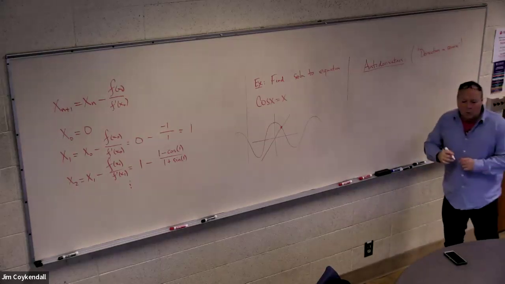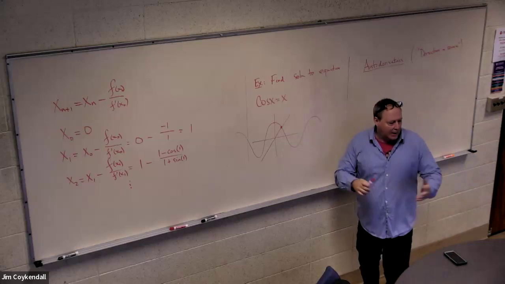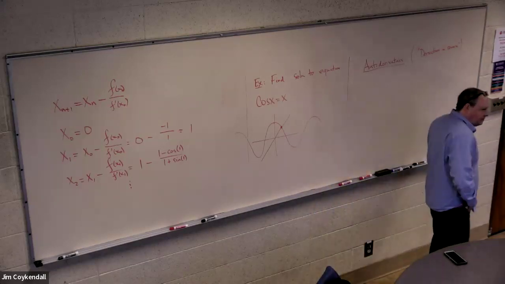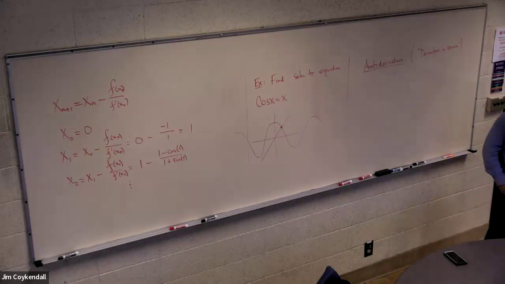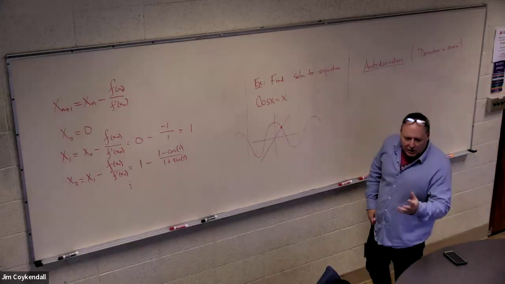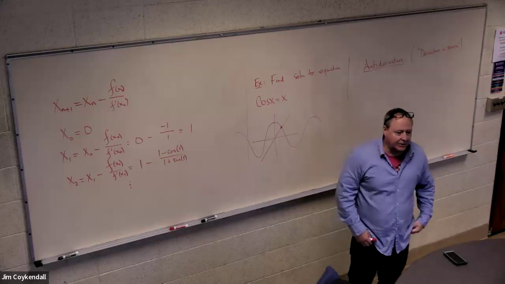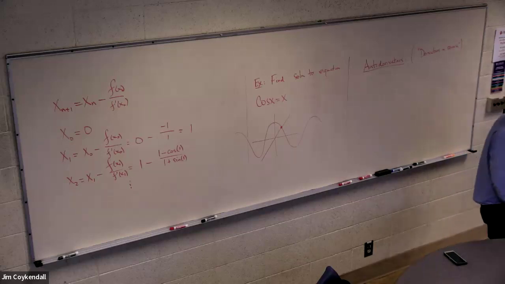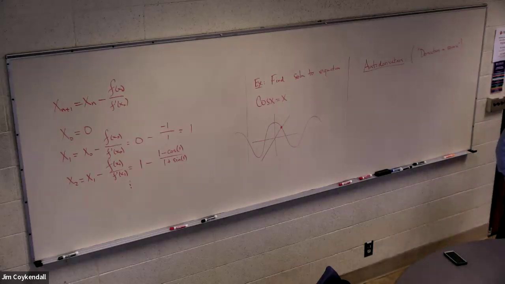Instead of saying, what's the derivative of this? Somebody remind me, what's the derivative of tangent x? Secant squared of x, right? That's the derivative. If I ask you, what's the antiderivative of secant squared x, what I'm asking you is, can you give me a function whose derivative is the said function? You all gave me the derivative of tangent x. Can you give me an antiderivative of tangent?